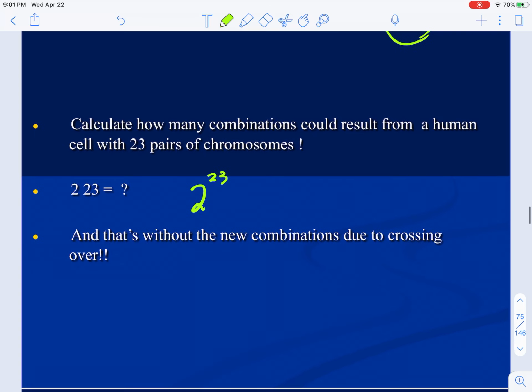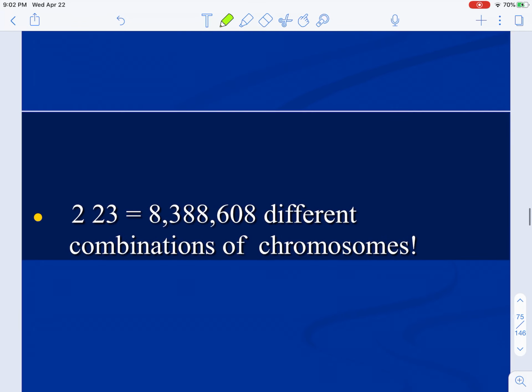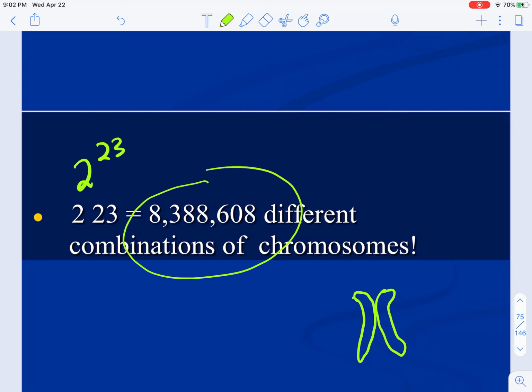With 23 pairs of chromosomes, mathematically you'd be looking at 2 to the 23rd combinations, which is over 8 million, 8,388,608 different sperm a man could form, with some chromosomes coming from his mom and some from his dad.